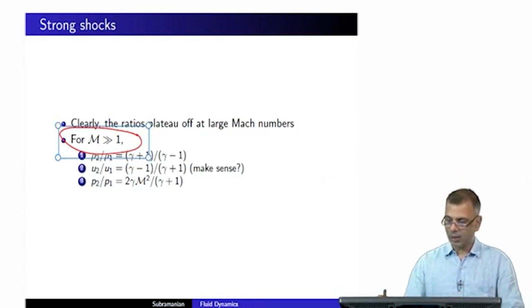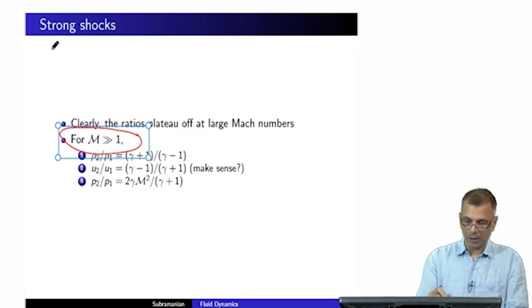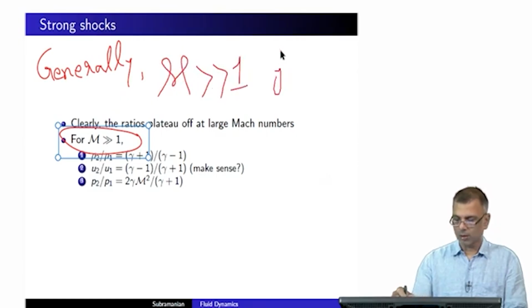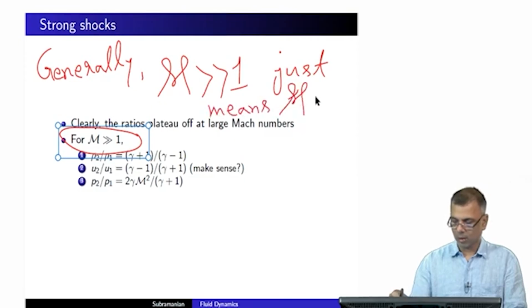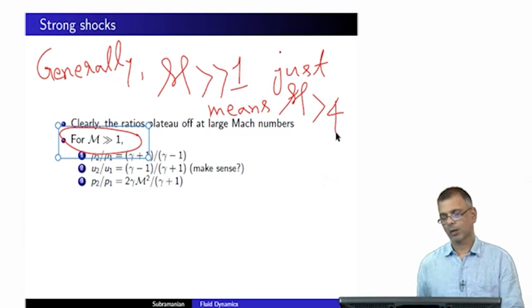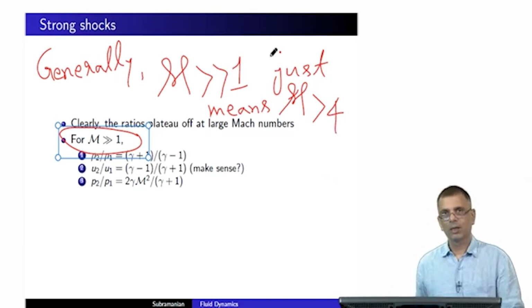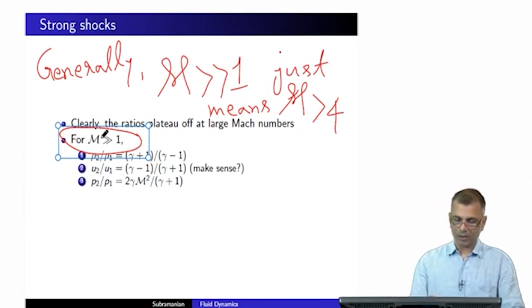And generally, as long as you are above 4, you are essentially an infinitely strong shock. Generally that is what it means.